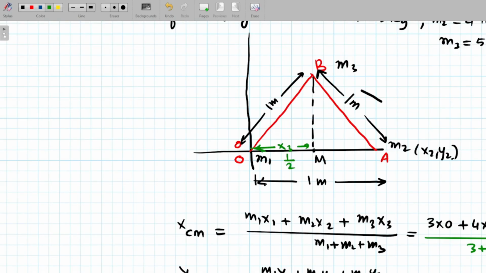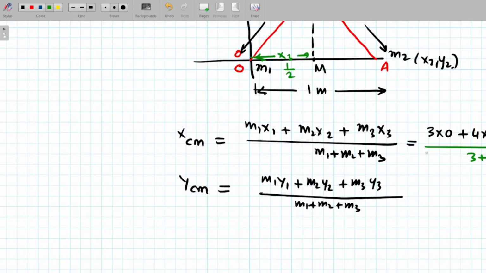Tell me, what is your answer? Three into 0 is 0. 4 into 1 is 4. 5 times 0.5 is 2.5. 4 plus 2.5 will be 6.5, divided by 12.